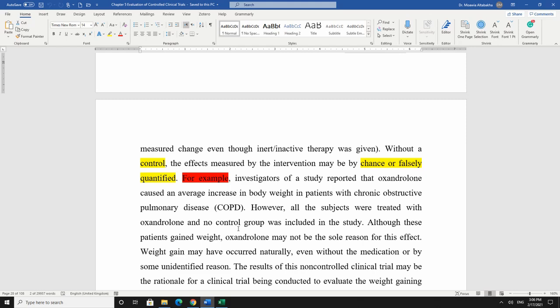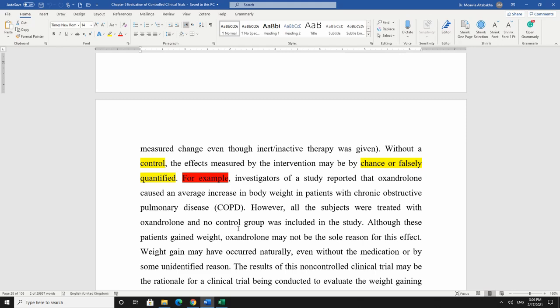Scientifically this is not proper. It may be by chance or falsely quantified, meaning maybe there are other reasons why their blood pressure has reduced. Unless you have a control, your results will be weak, and you cannot just compare the baseline with the measurements that you take after that.